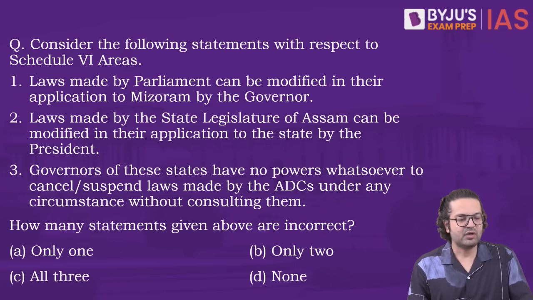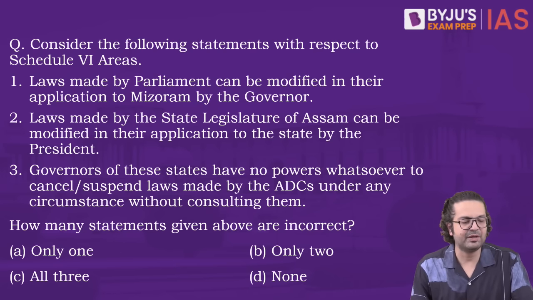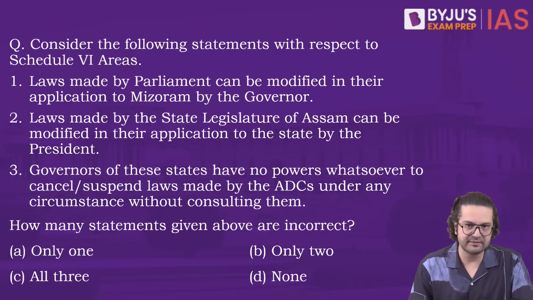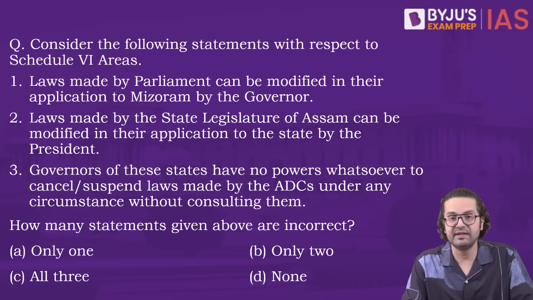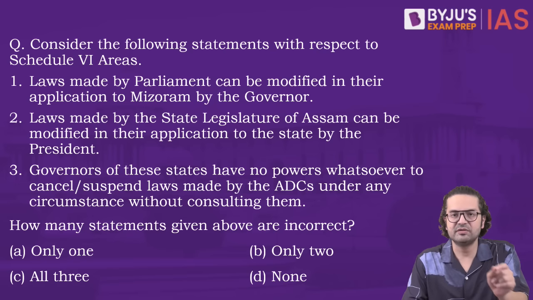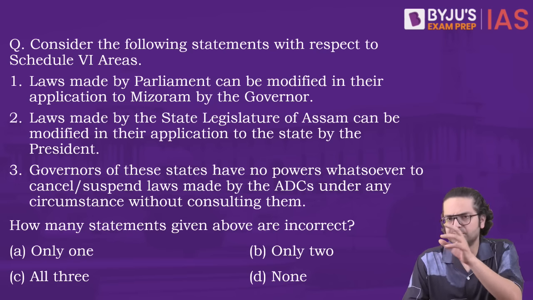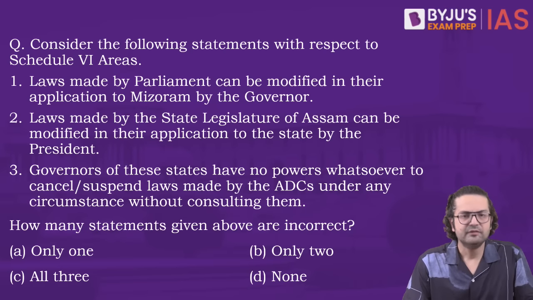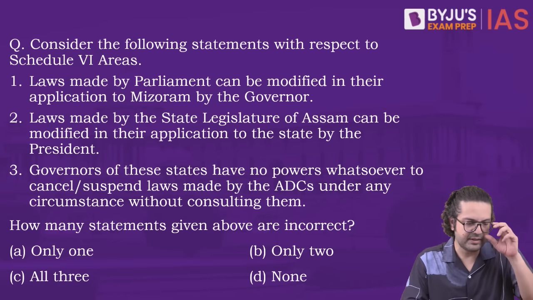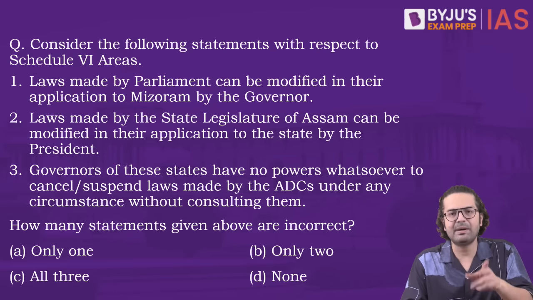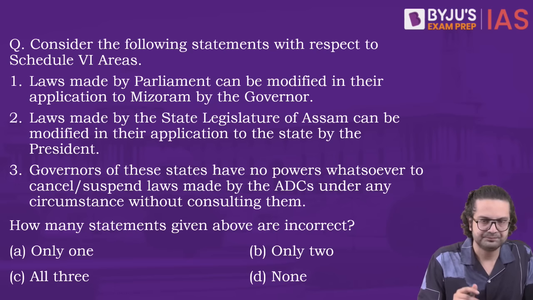Okay. Next question. Consider the following statements with respect to Schedule 6 areas, not 5, 6 areas, ADCs, Autonomous District Councils. First one. Laws made by the Parliament can be modified in their application to Mizoram by the governor. This is wrong.